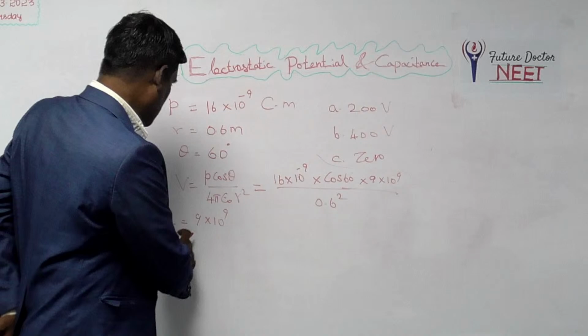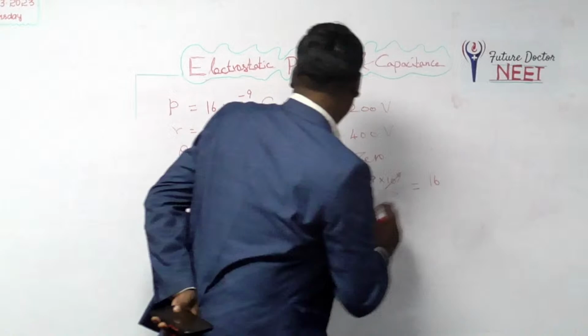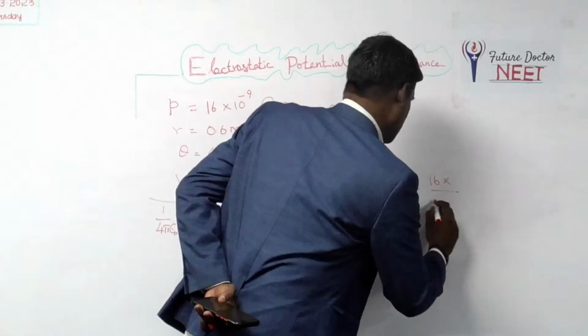And 0.6 only you want to simplify. Into cos 60, 1 by 2 you said, so 1 by 2 I am writing, into 0.6 square. 0.6 square how much? 0.36.